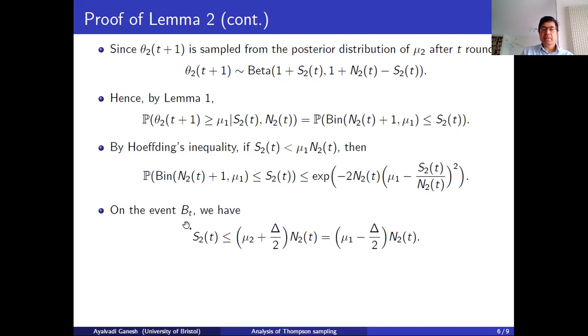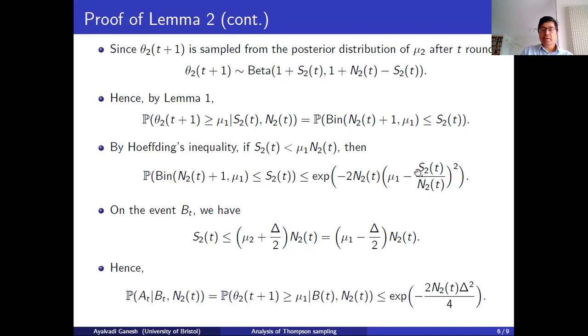And if we condition on the event Bt, then S2t is smaller than this. By definition of delta, mu2 plus delta over 2 is the same as mu1 minus delta over 2, so we've just substituted here. And so the difference mu1 minus S2t over N2t is at least delta over 2.